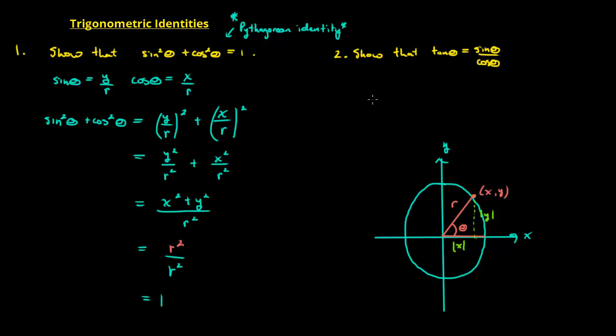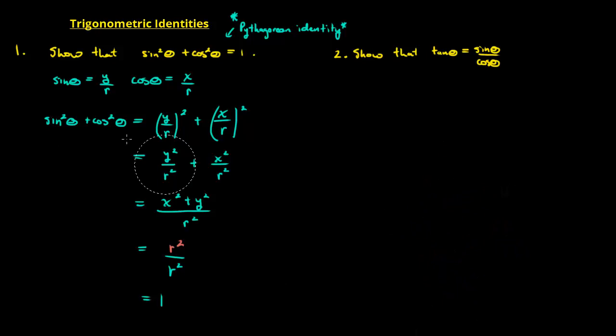Okay, so next let me clear some space on the canvas. For the next example, we're asked to show that tan theta is equal to sine theta over cos theta.